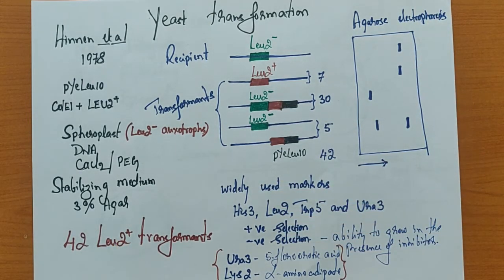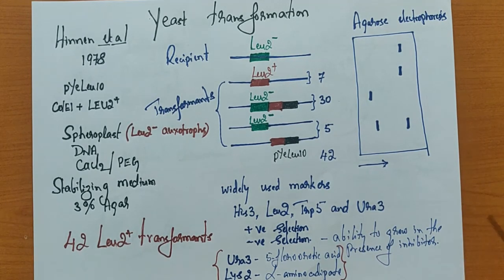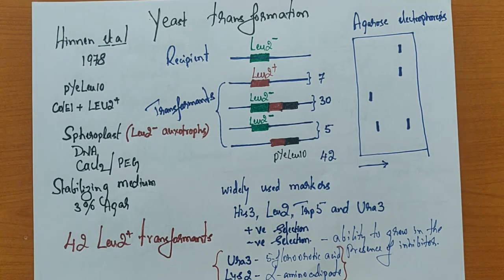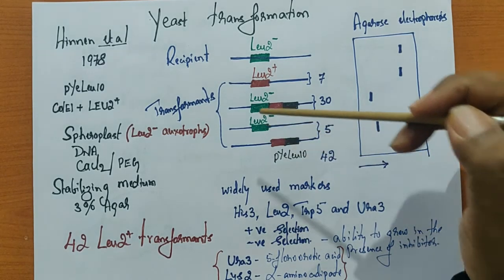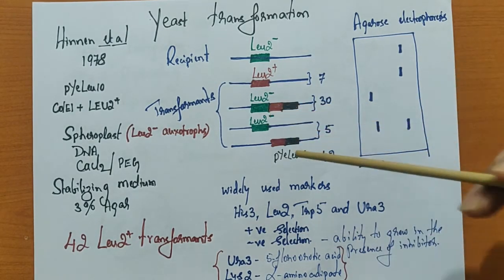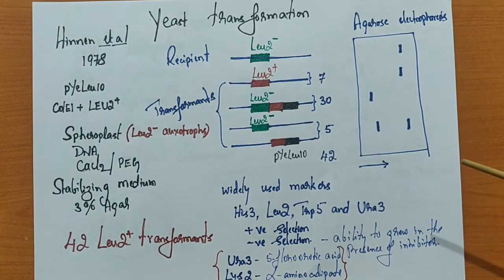In prokaryotes, the moment it enters, it is expressed and becomes functional. Whereas in higher organisms it is not going to happen that way because epigenetics comes into the picture. These genes have to be integrated in the right chromosome, and even if integrated in another chromosome, we don't know whether it is functional or not.